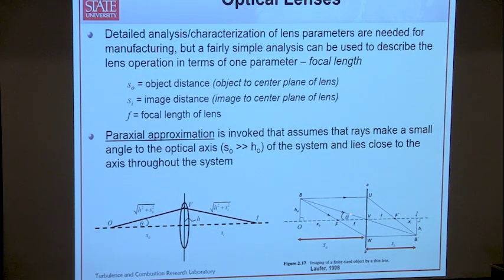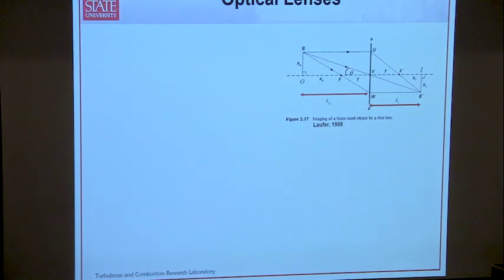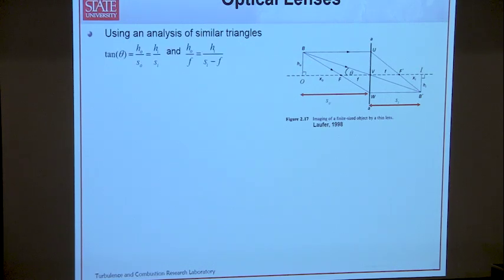Now if we have a finite object, this is essentially how we're going to transfer that information to an imaged object. Okay? So what we have to do is rely on the fact that we have an object distance, we have an image distance, and we have our focal length here, F, and then we have the inverted image as well. Okay? So all we're going to do is a little bit of geometry on this. This isn't the main purpose of this lecture, but I just wanted to show that if we use an analysis of similar triangles, you can work this out on your own very quickly, I think.